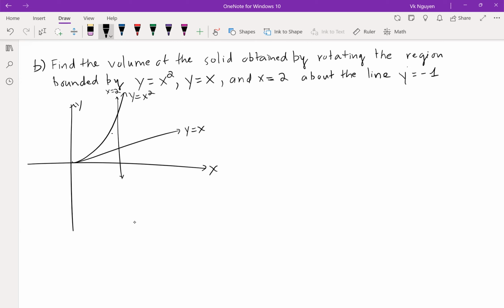And as you can see, this is the bounded area.